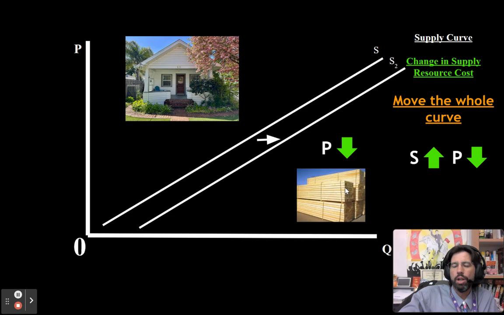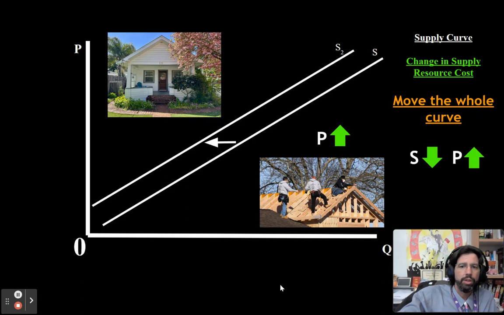And if the price of lumber, which is a resource going into making houses, drops, obviously the supply of homes is going to go up. All right. Pretty simple. So any factors of production, when their overall relative price drops, there is an increase in supply of an item. And of course, the reverse also takes place.